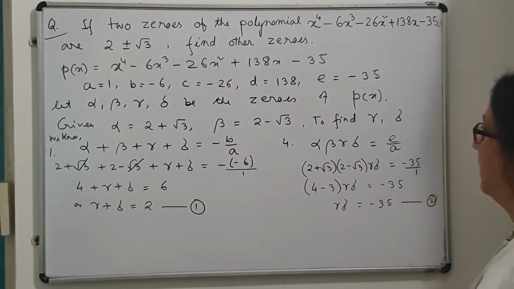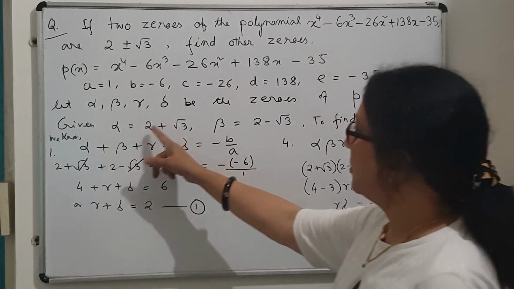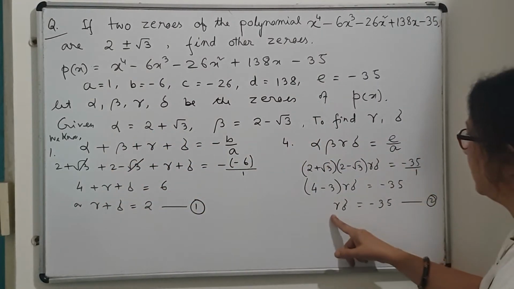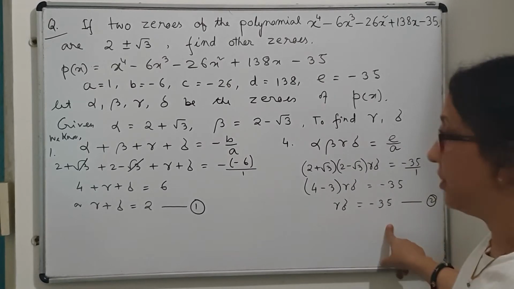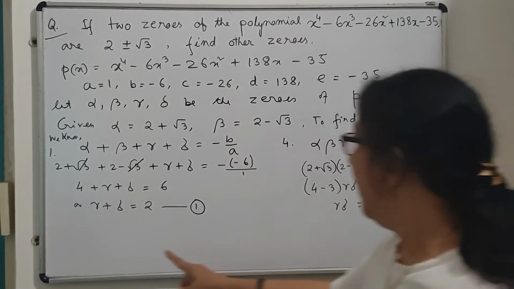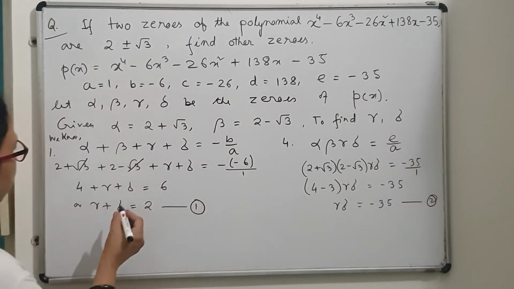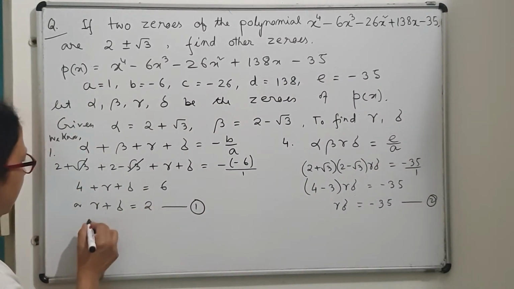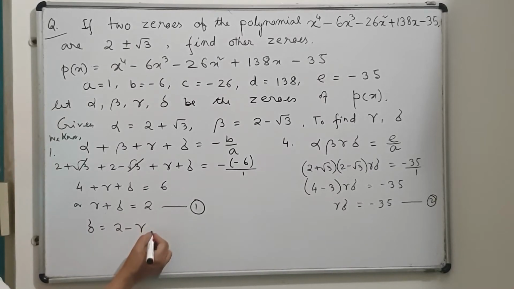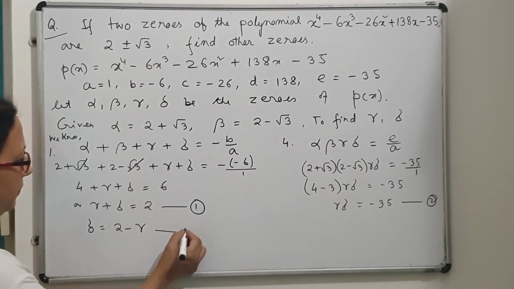Second equation. So using the first relationship, I am getting one linear equation, and using the last relation, I am getting a quadratic relation. So I know how we can solve this. I'll write delta is 2 minus gamma from equation 1, and say this is equation 3.